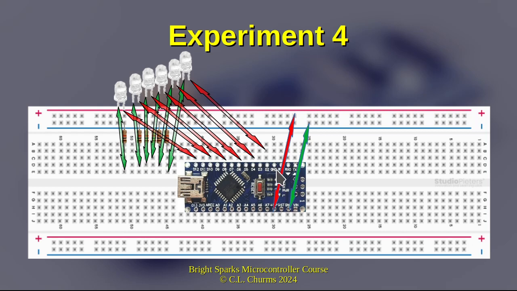And then I wanted you to connect these pins of the Nano as sources. So in other words, they're going through from the controller, through the LED, through the resistor to ground. So they are acting like a source.